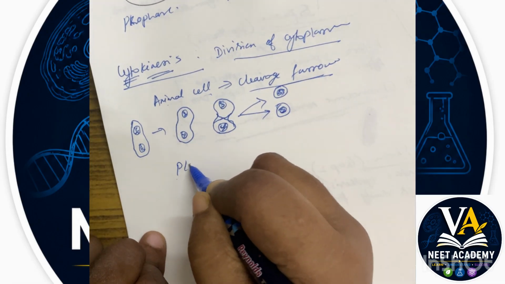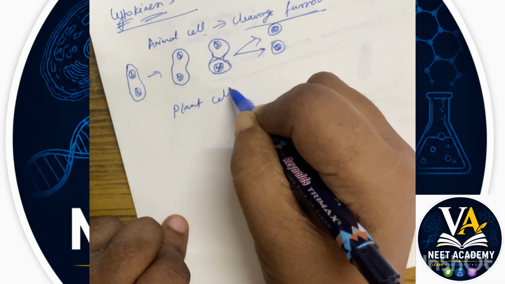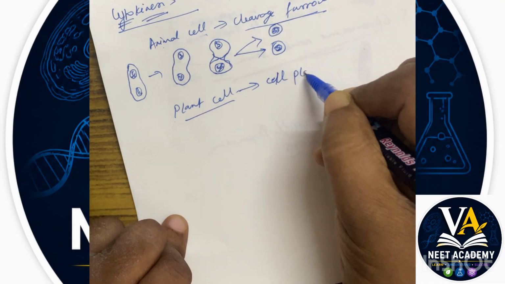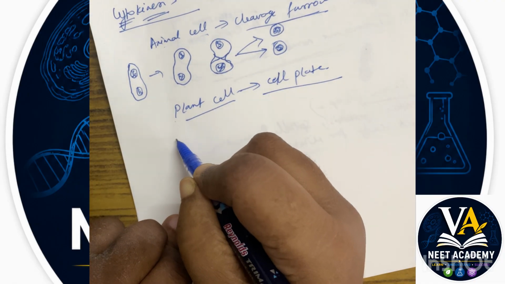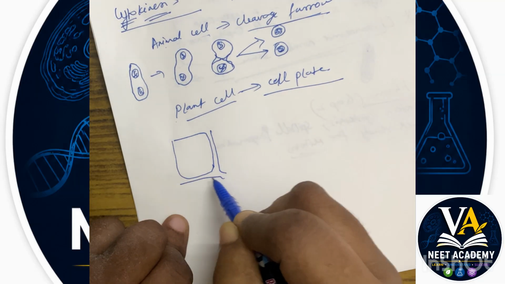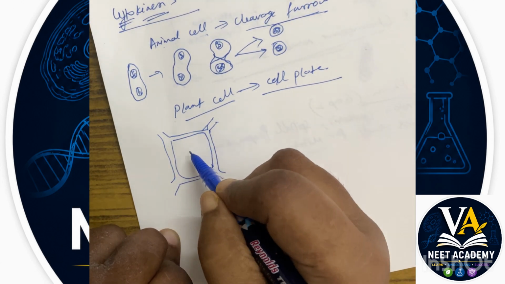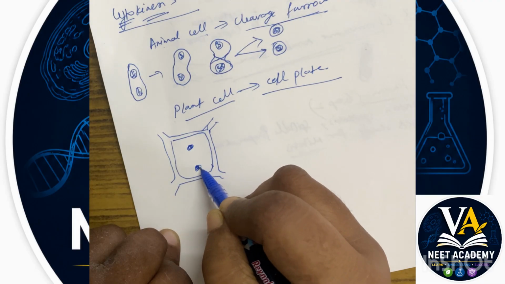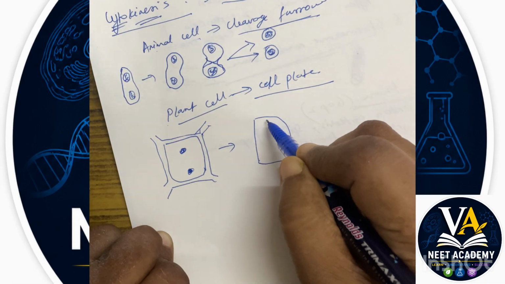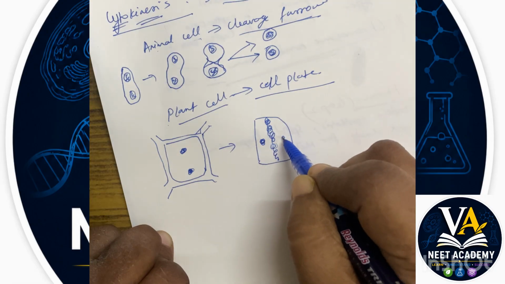Now, what happens in a plant cell? In a plant cell, there is a formation of cell plate. All of you know that plant cell has a cell wall, right? So, supposingly this is the cell wall, and the two nucleus has been formed after telophase. Now, what happens next is the cell plate formation.